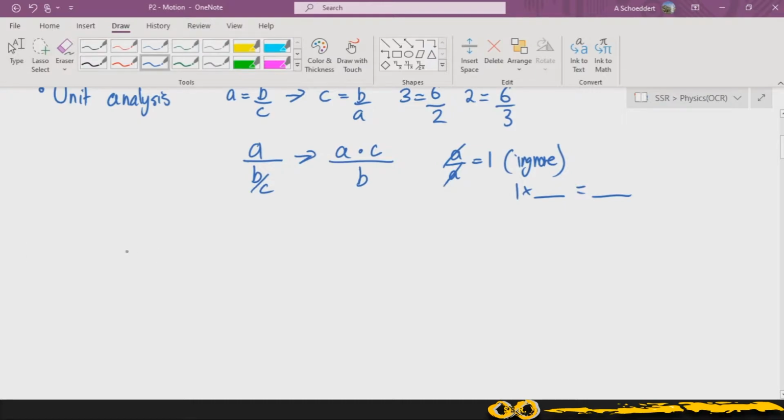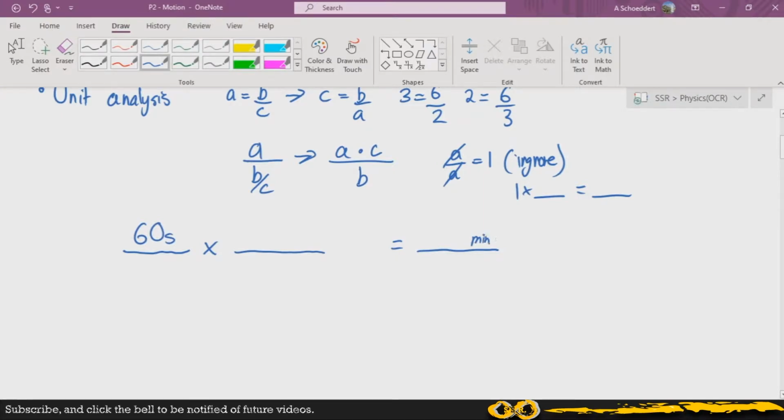What you're going to have is some form of starting unit, and you'll multiply it by some form of conversion factor in order to end up with some final desired unit. Let's use the example of turning 60 seconds into some number of minutes. Now you can probably do this in your head, but I want you to think through the actual process that you're doing. If you have 60 seconds, you have the unit seconds on top.